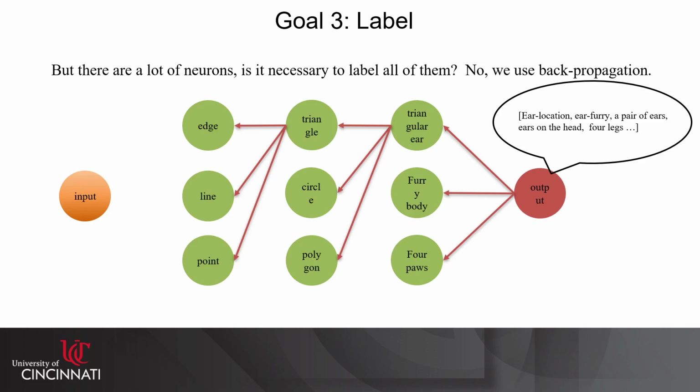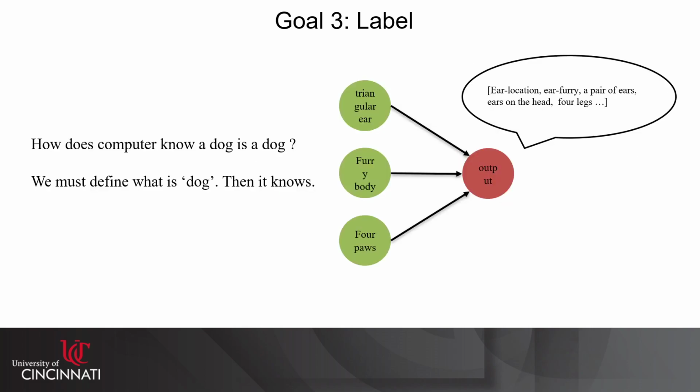Now, here's another important idea of how a deep neural network works. Remember we talked about labels. I think one common question when you really think about this is, is it necessary to provide labels for all the neurons?